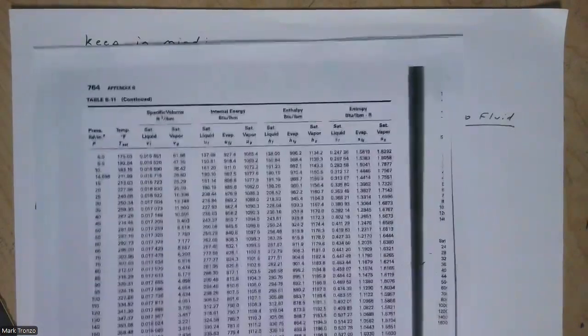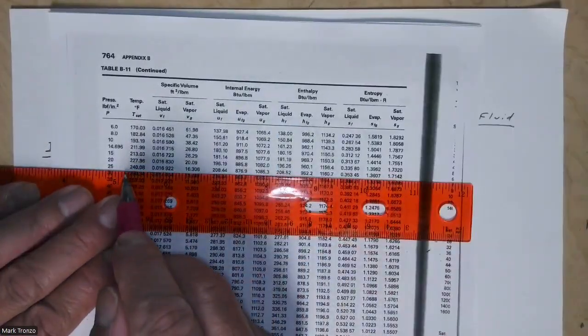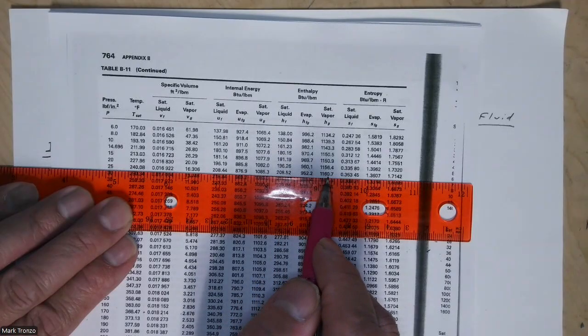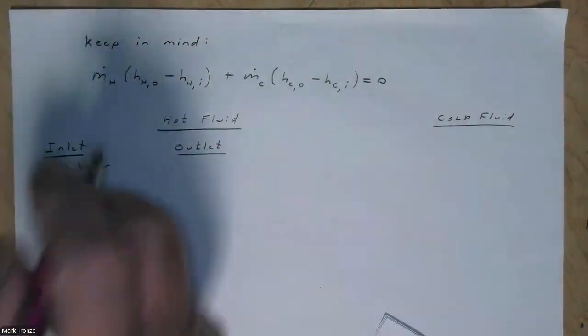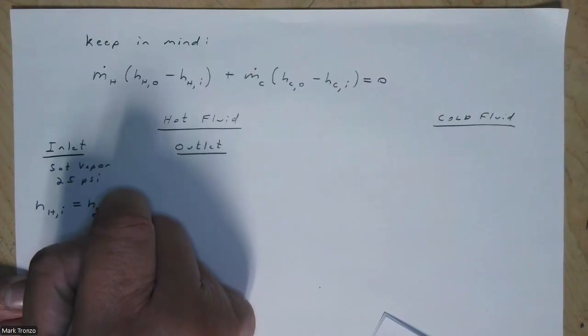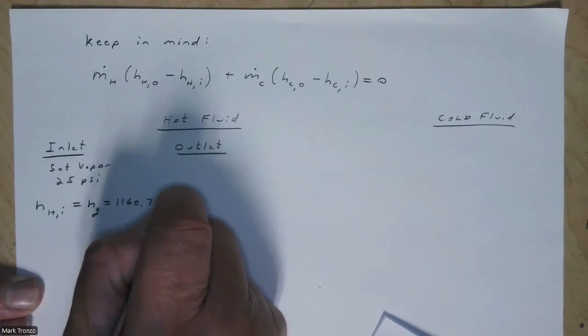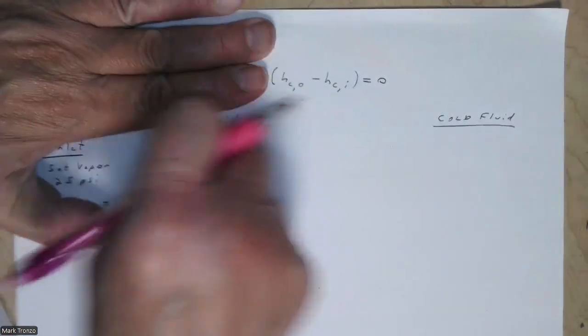So we'll look at our table at 25 psi and our Hg, which is 1160.7. Of course, that is BTUs per pound mass. And that's probably all we're going to need for that column.